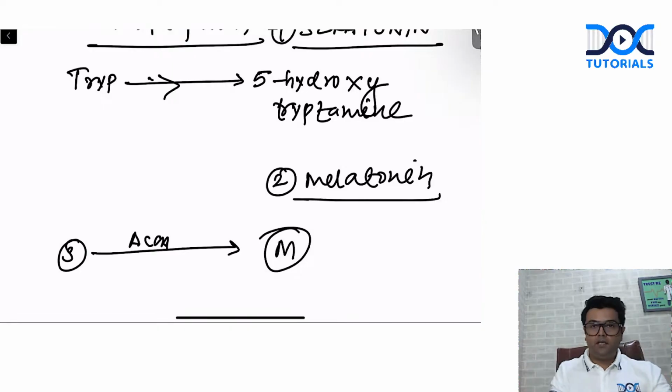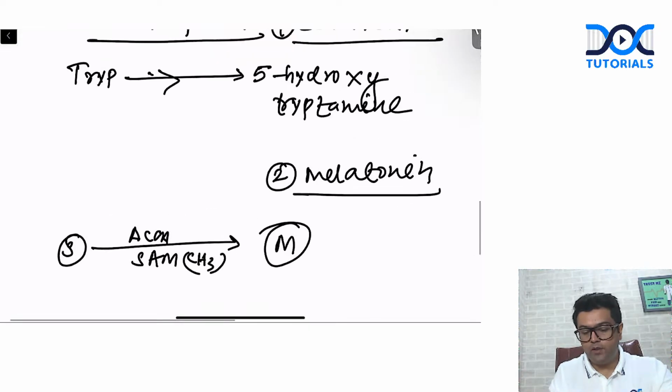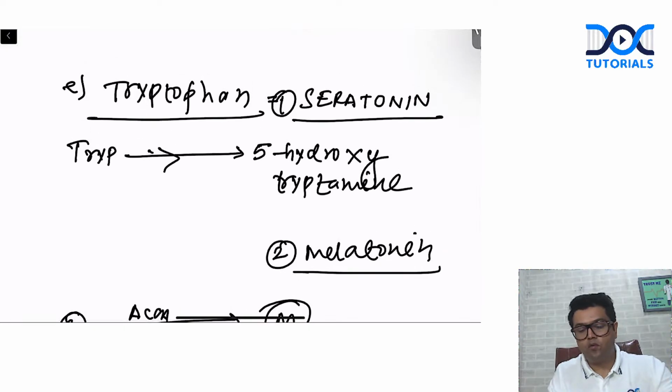And what else do we need? We need SAM. Guys, what is SAM? S for sulfur, A for adenosine, M for methionine. So SAM is the methyl donor derived from special products of methionine, right? SAM is a methyl group donor. Got my point? So that is tryptophan.